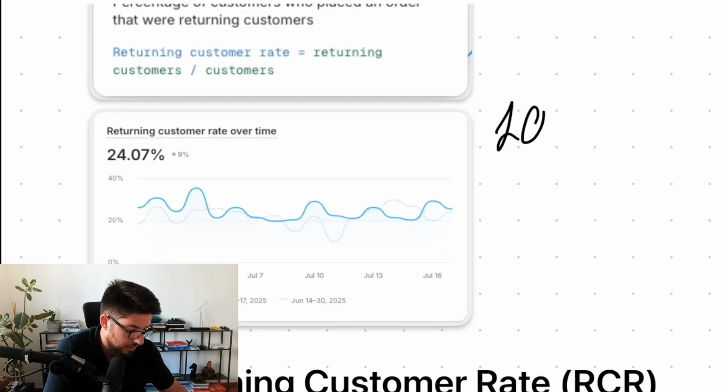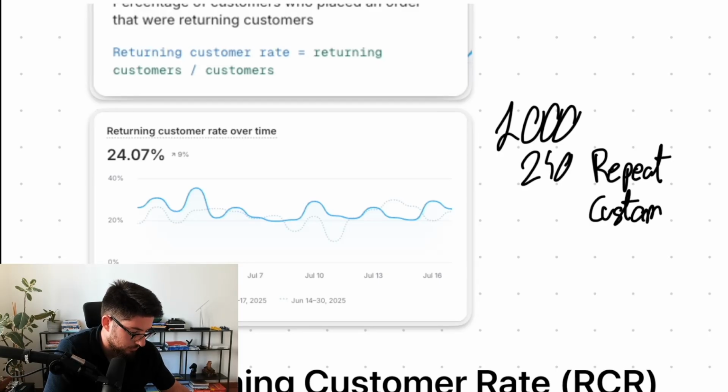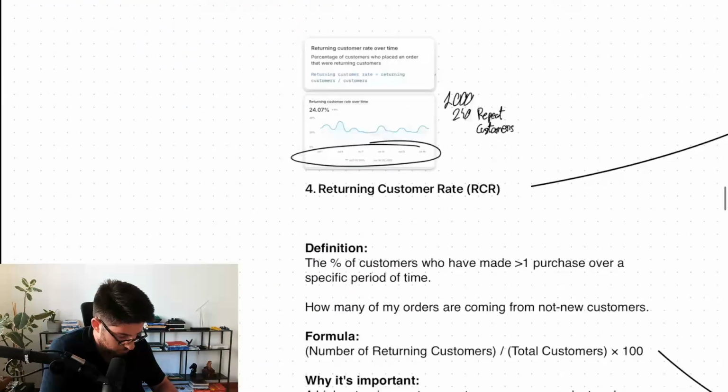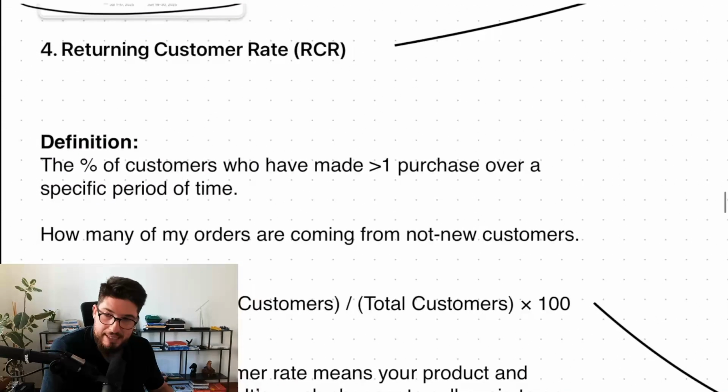If we had 1,000 orders, it just means that 240 are from repeat customers. Okay? So for a specific time period, all of the time. Now, it basically tells you how many of my orders are coming from not new customers.